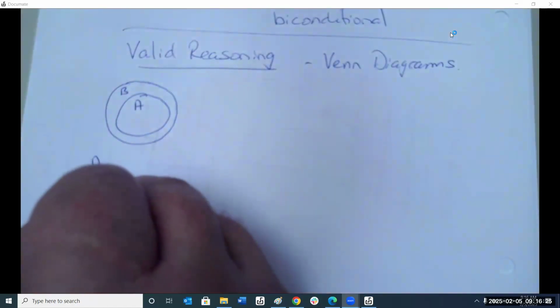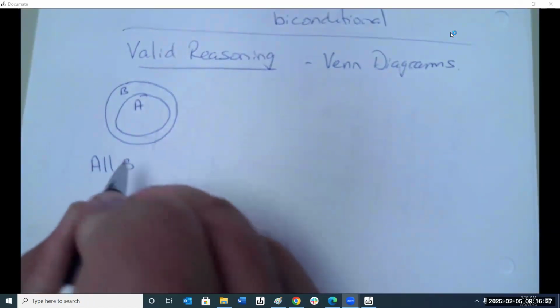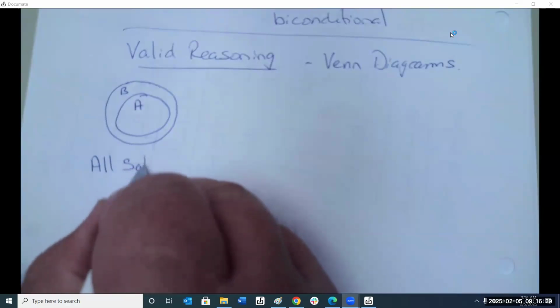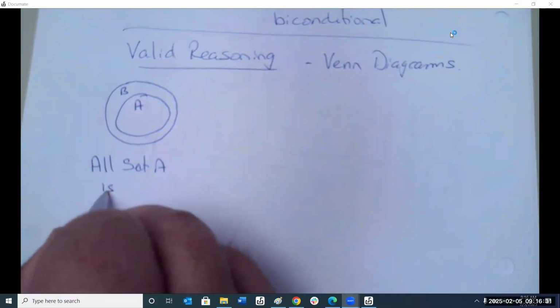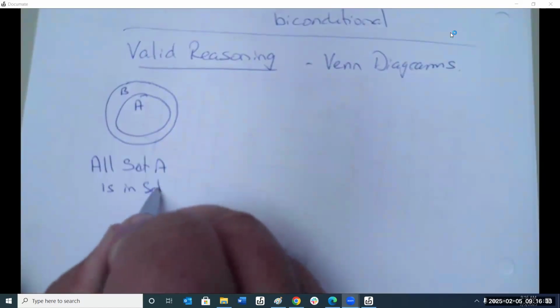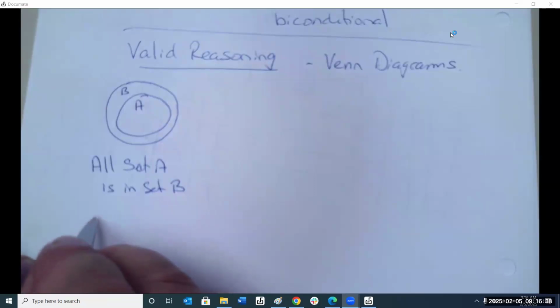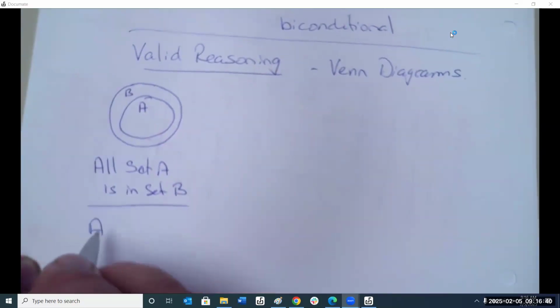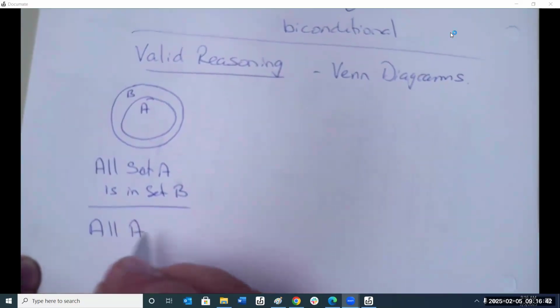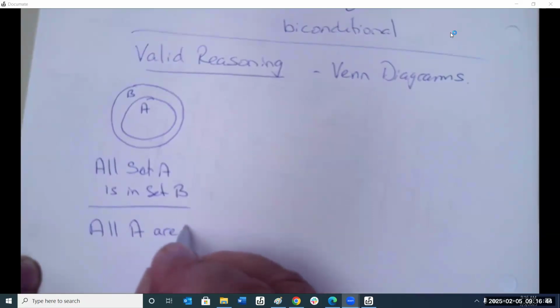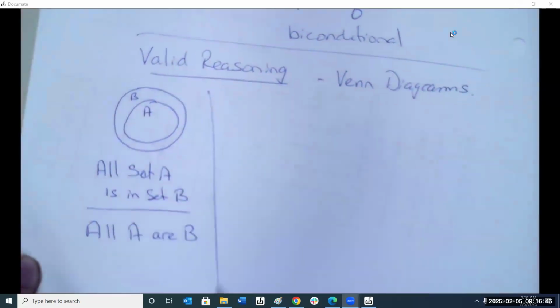It says all of set A is in set B. So what this means is all A are B. That's how you would read that one.